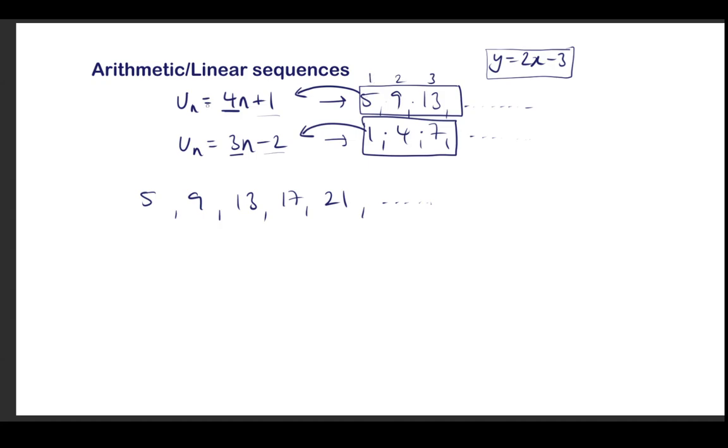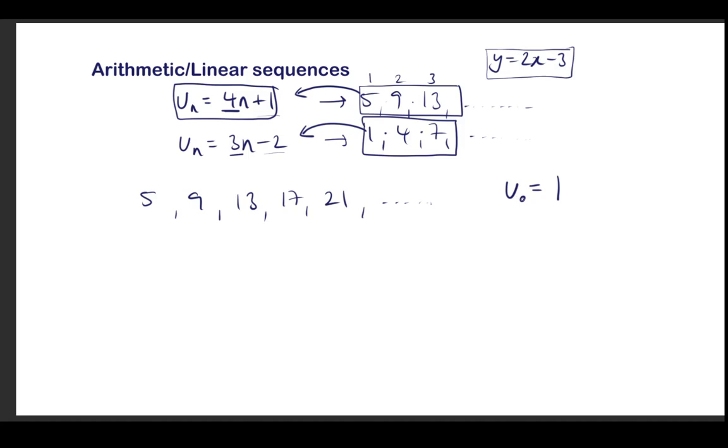Now, what happens if we put 0 into the formula? Well, we'd have to call it u0, wouldn't we? Because n is 0, 4 times 0 is 0, and we just get plus 1, so we'd get 1.